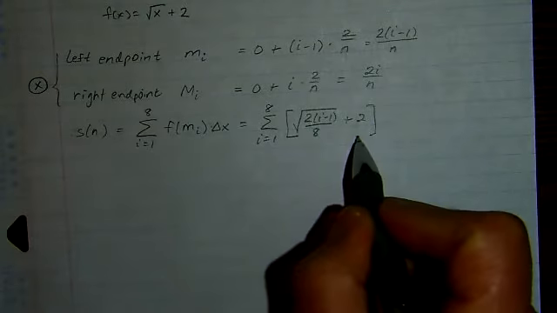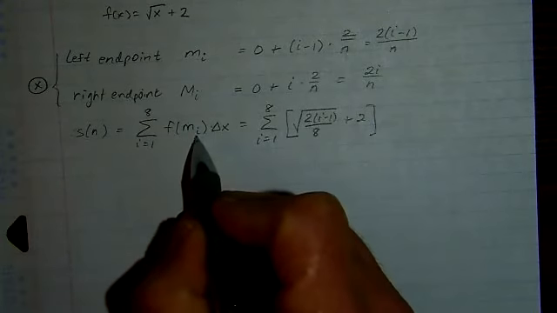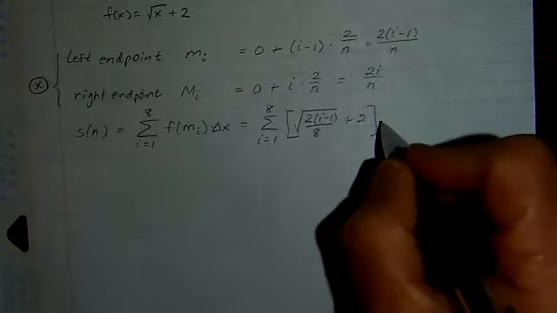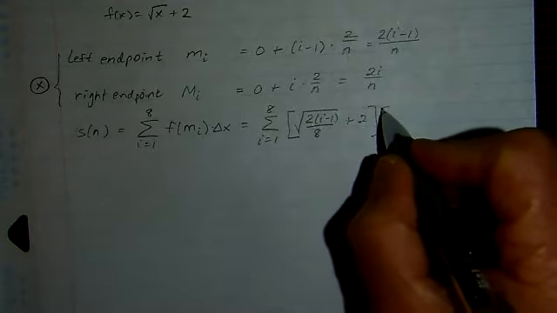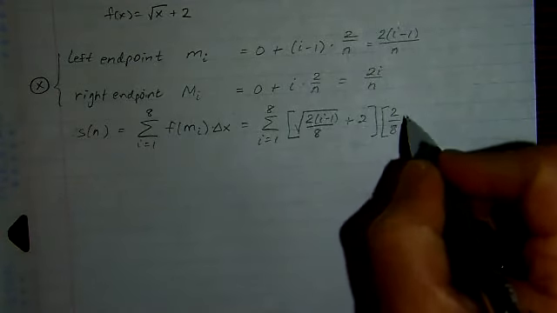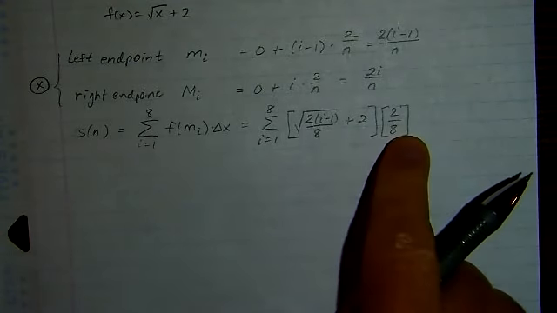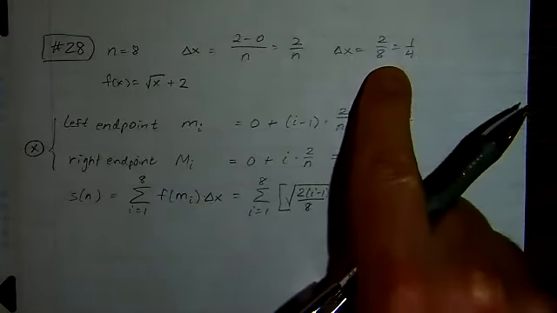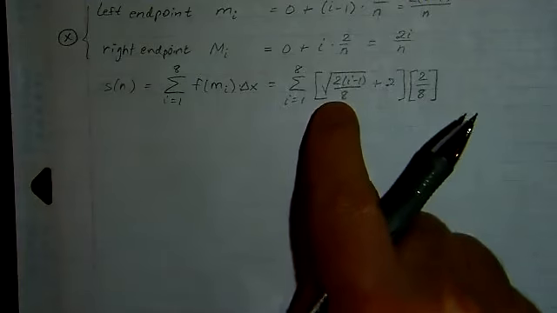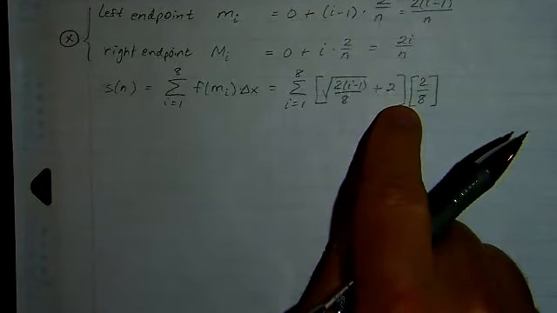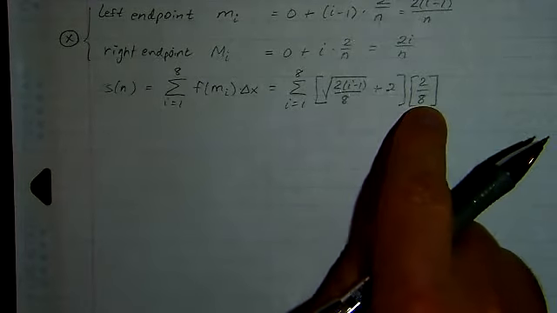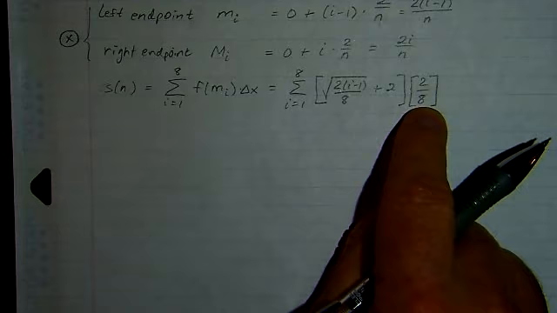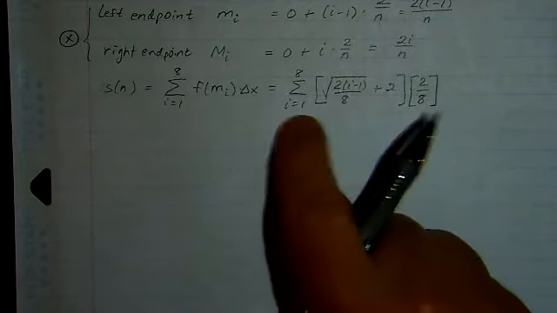So all of this is the function value at the left endpoint, times the width of the rectangle, which for every rectangle is the same. It's just 2 divided by 8, right? If I go back up here, it's this. So that's the width of each rectangle. So I have the height of the rectangle determined by the left endpoint times the width of the rectangle, and I have 8 of those, and I'm going to add them all up.